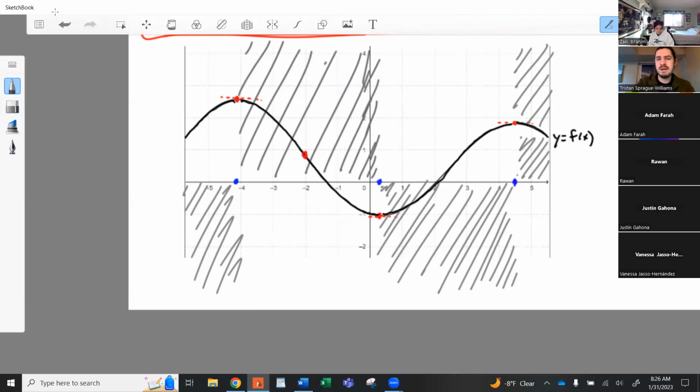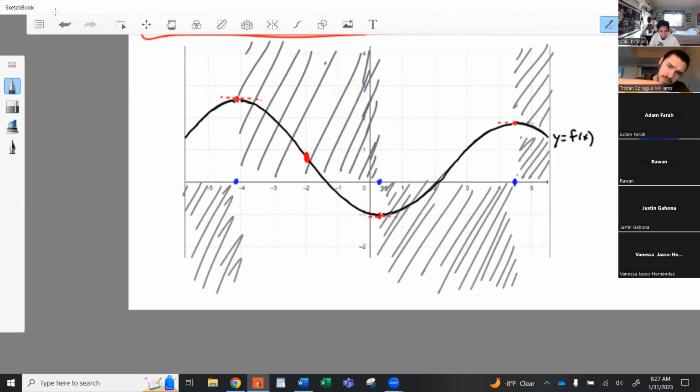It's not over here because this is more shallow, not as steep, and this is not as steep either. But the steepest point is somewhere right in the middle where it gets really steep. It's like if this was a hill and you were climbing it, it would be relatively easy, then it would get harder, and then it would get easy again. So you look for that steepest point.